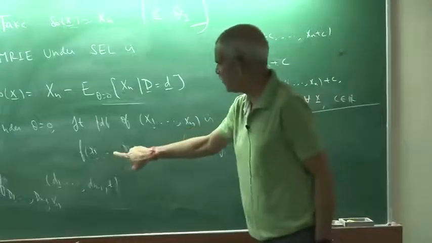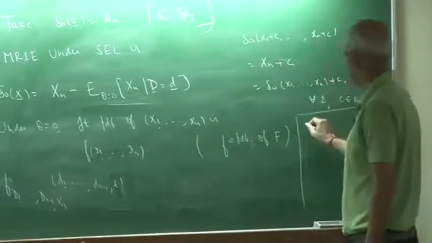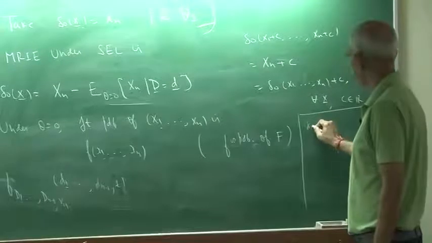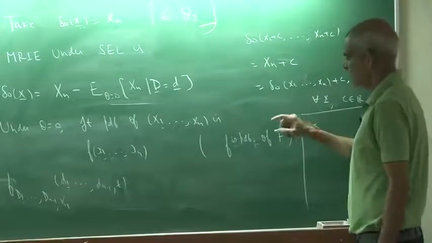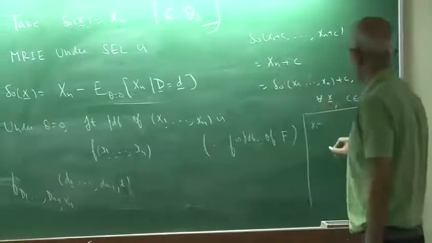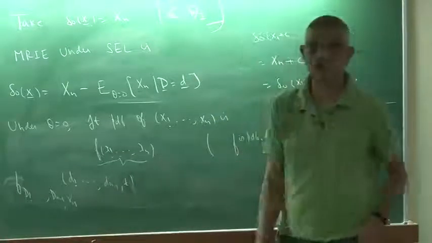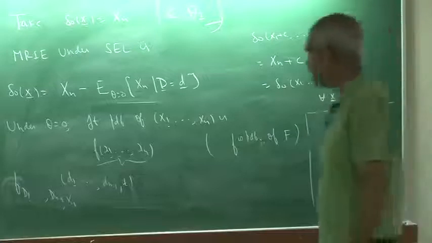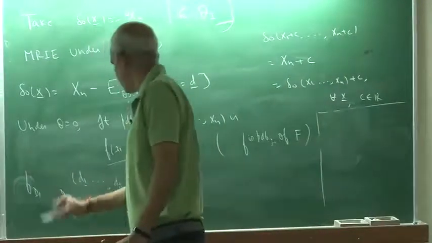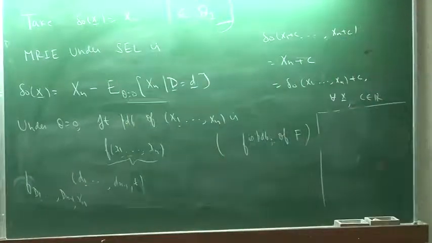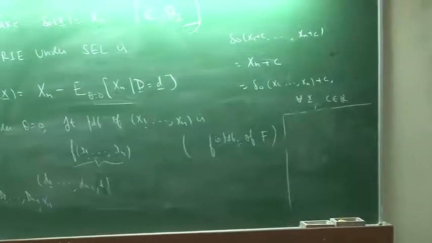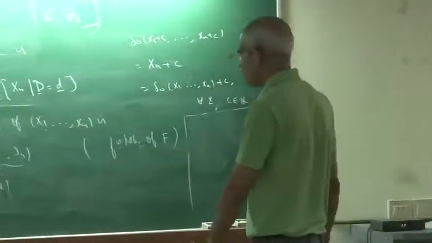You know the PDF of x1, x2, ..., xn at the point small x1, x2, ..., xn. What you have to find is the PDF of d1, d2, ..., dn minus 1, xn at the point d1, d2, ..., dn minus 1, t.